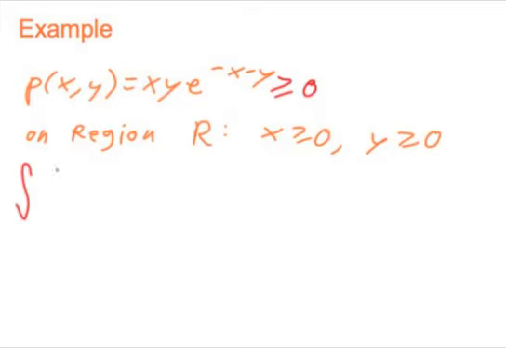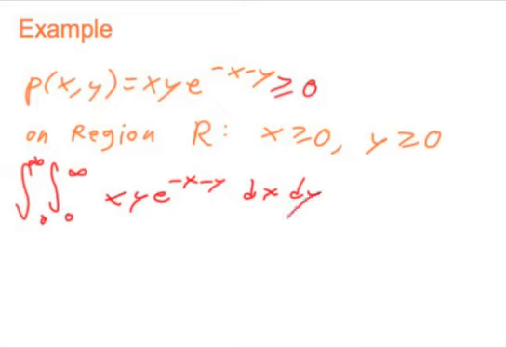Then we want to check the integral, in both cases going 0 to infinity, of xy e to the negative x minus y dx dy. Something I'd like to point out right away is that e to the negative x minus y can be written as e to the negative x times e to the negative y. These are independent, and if they're independent, we can write them out as two integrals being multiplied together.